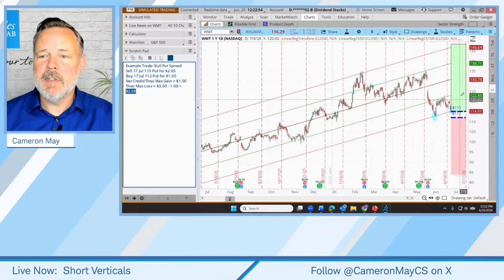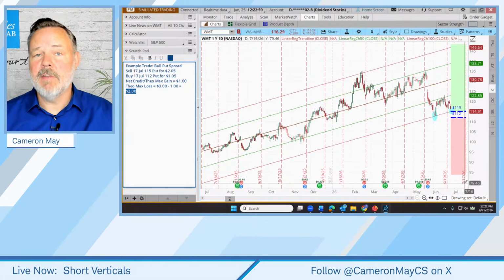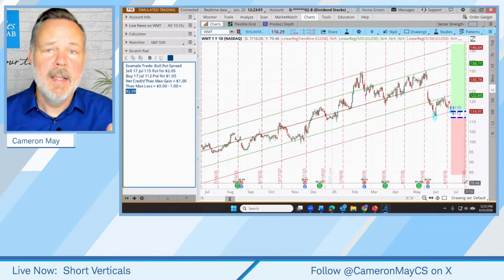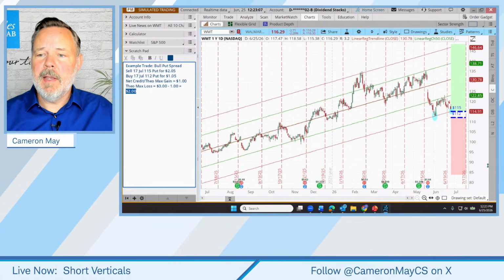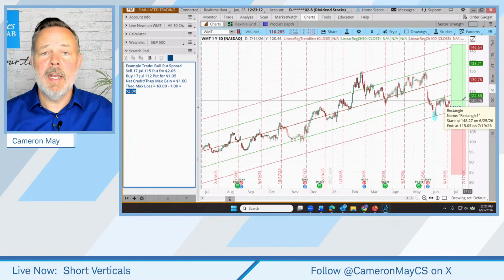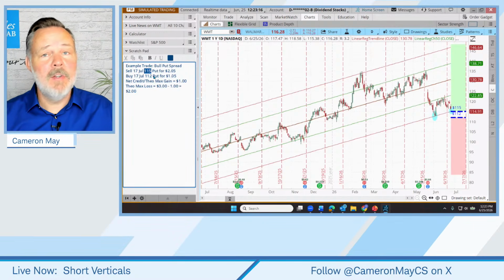What we're hoping for is for the stock to be above 115 as we get toward the 17th of July, and actually getting all the way to the 17th of July is usually the scenario that produces the best outcome if we're in the right place. Because if the stock is up in this green zone, let's say up there at 120, and someone has the right to sell us shares for 115, they're probably not going to do it.